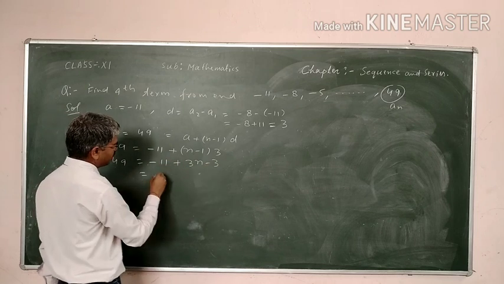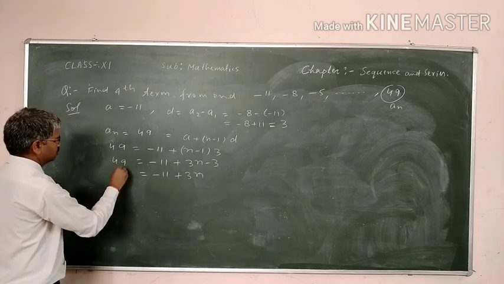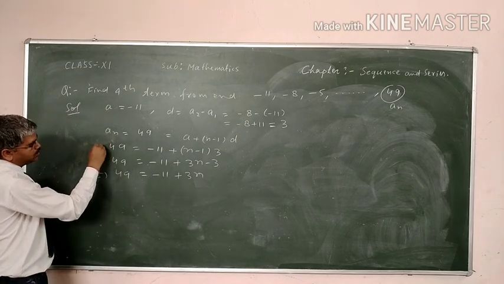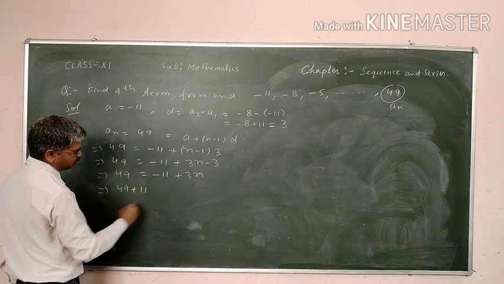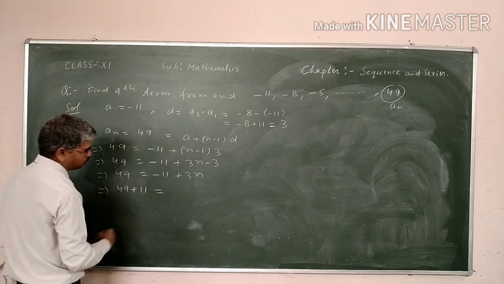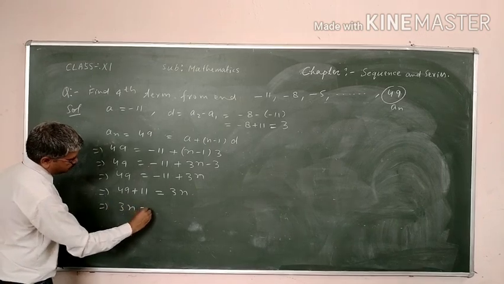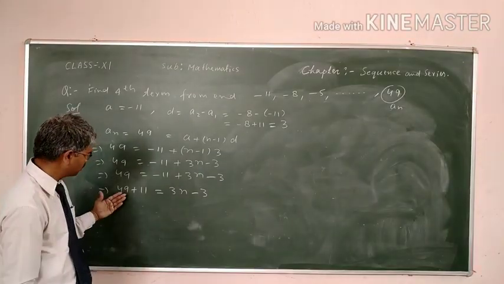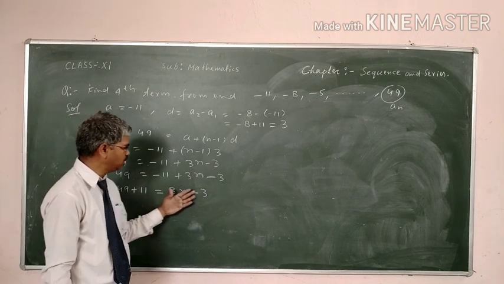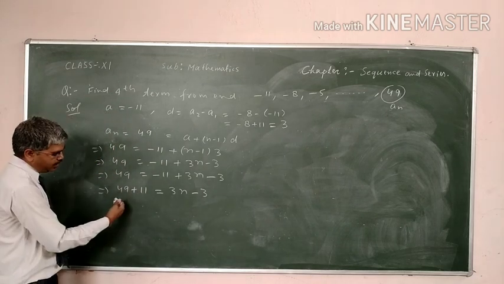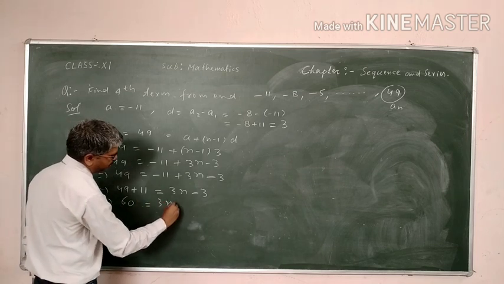So 49 plus 11 is equal to 3n minus 3. If we add 11, it will be 60 is equal to 3n minus 3.